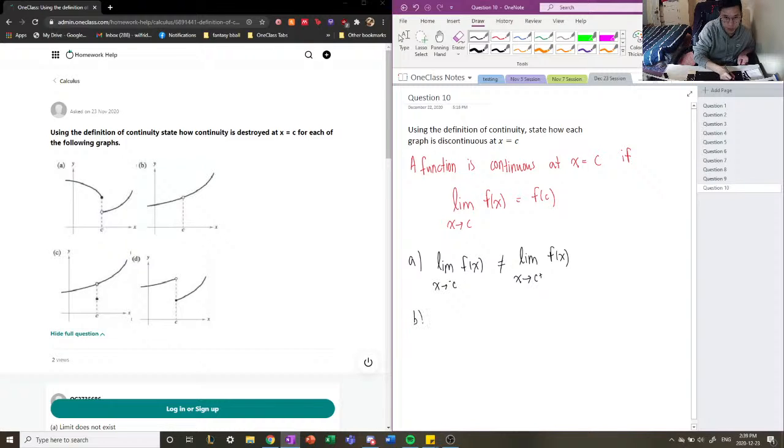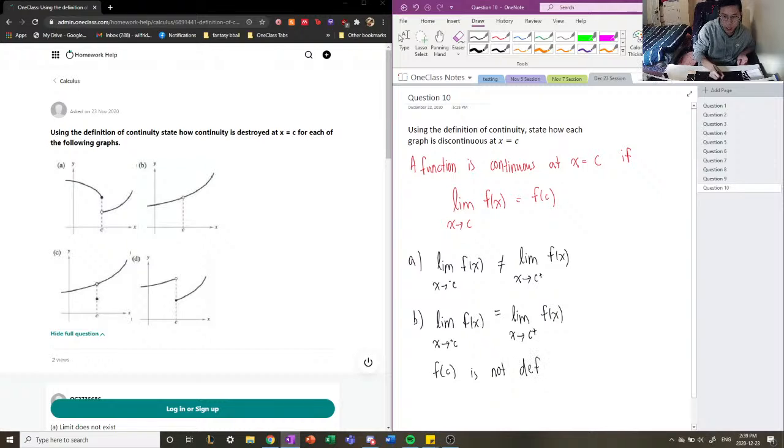Okay, what about B? The limit from the right-hand side and the left-hand side equal the same thing. However, f of c is not defined on this graph.